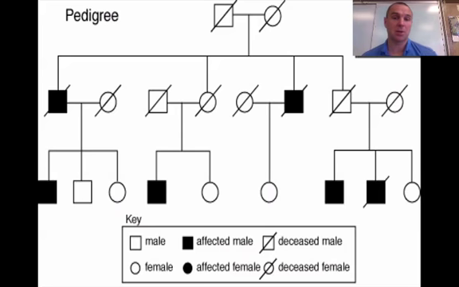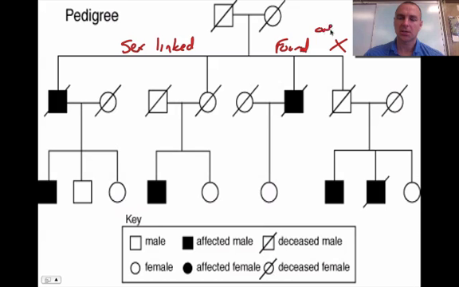Now, this is a pedigree they might give you on the EOC. If you'll notice here, first thing that strikes me is who's affected by this disease that we're tracking. Only the males are affected. If you ever see that on a test or anything, that means it is sex-linked. It means it's found on the X chromosome, because a boy is XY.